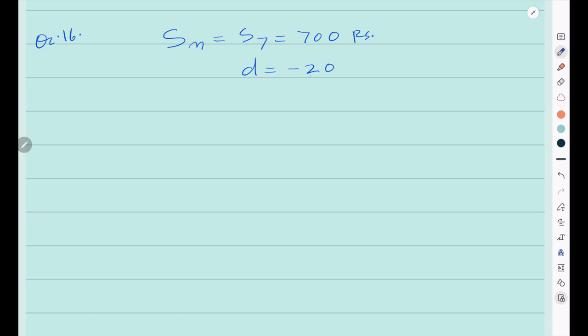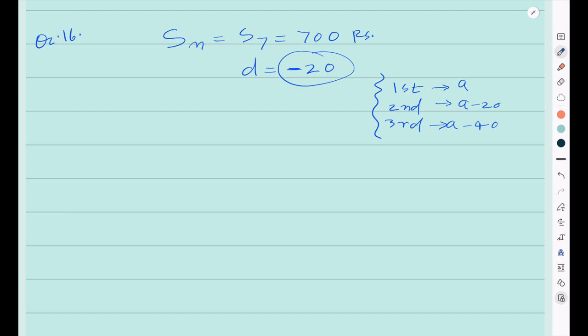So the common difference is minus 20. Remember, it's not plus 20, because if it is minus 20, then the first prize is something, the second prize is 20 less, the third prize is 40 less, something like that. So we need to take minus. That is the trick here. And then find the value of each prize.